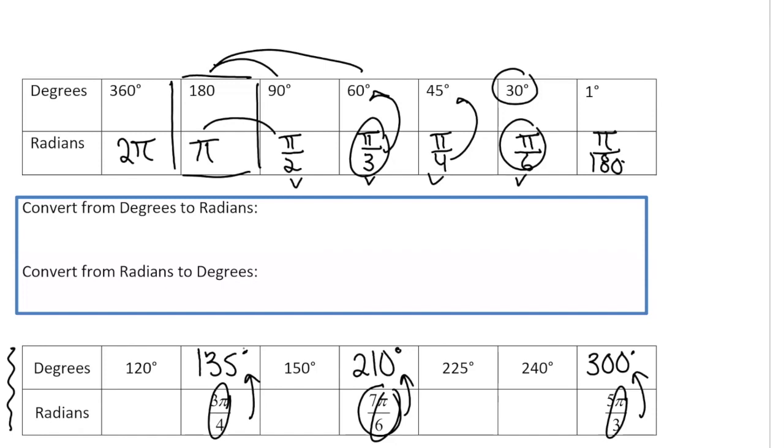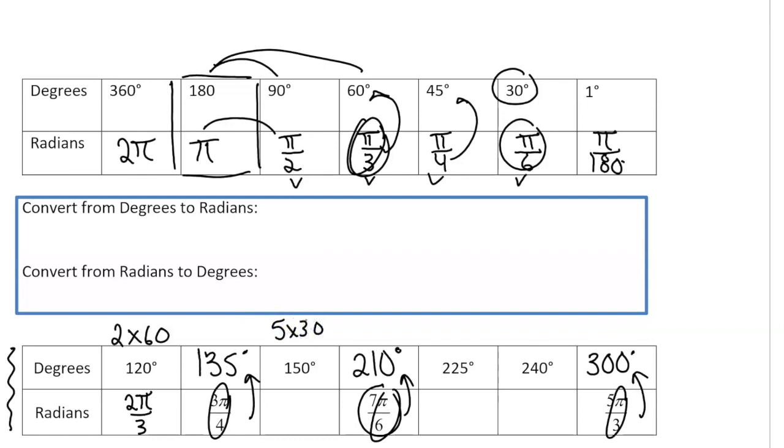If you want to go from degrees to radians, you could try to break them up into chunks. So for example, you could say something like, well, 120 degrees is 2 chunks of 60. And I know that 60 is pi over 3, so I could say this would be 2 pi over 3s. 150 would be 5 groups of 30.